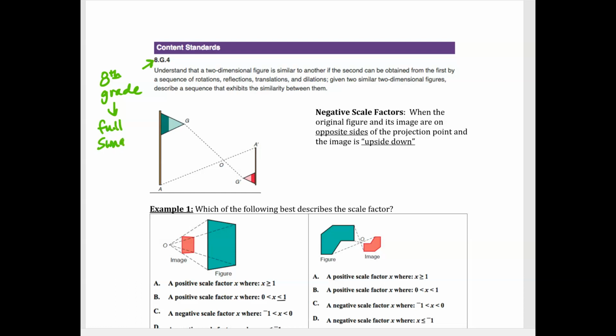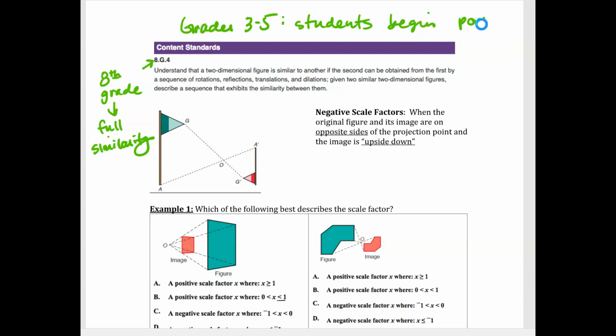So what we're doing right now is consistent with what 8th graders would probably do, but I would definitely say in grades 3 through 5, students are going to begin with proportionality. We'll talk about what proportionality is in a little bit, but you're setting the stage there in grades 3 through 5 for similarity.